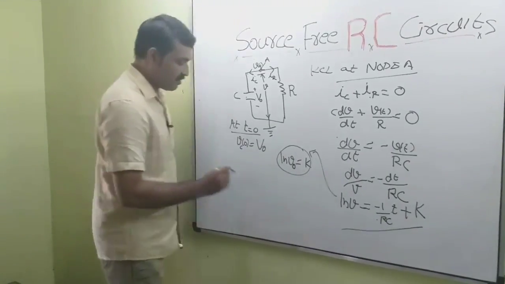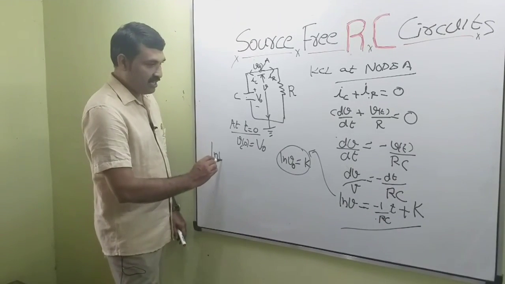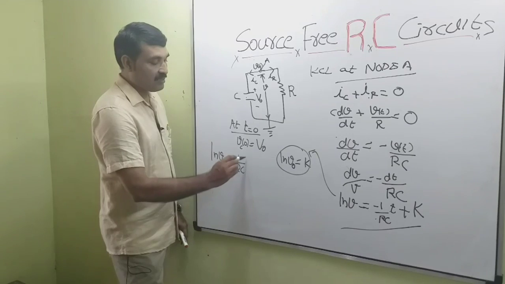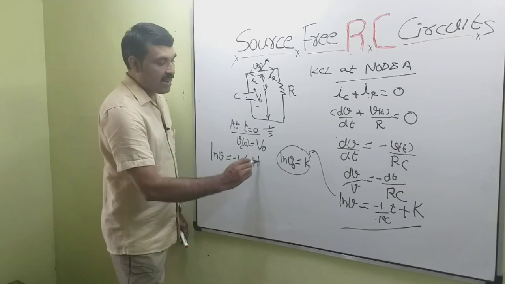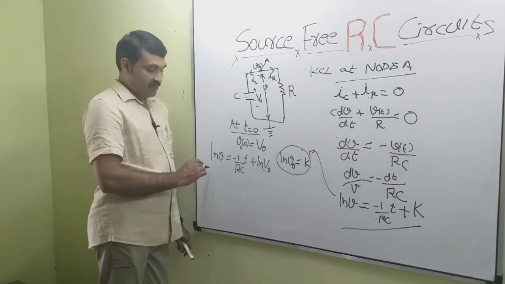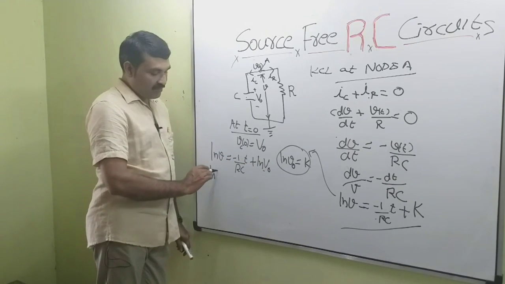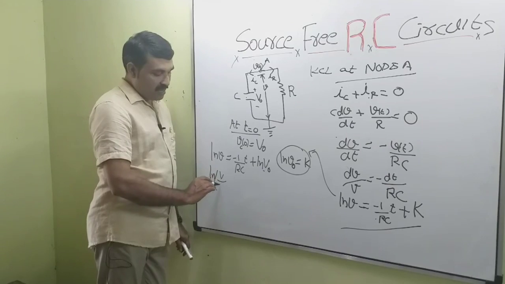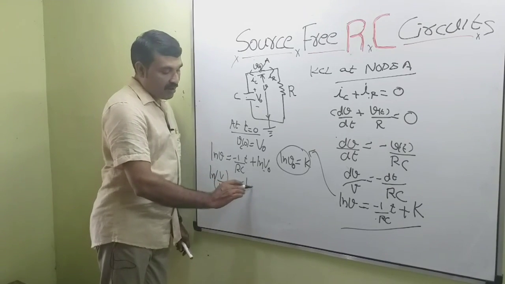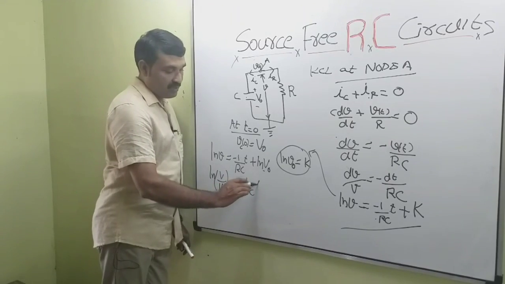Now this equation becomes ln V is equal to minus 1 by RC into t plus ln V0. Taking this term to the LHS, this becomes ln V by V0 equal to minus 1 by RC into t.